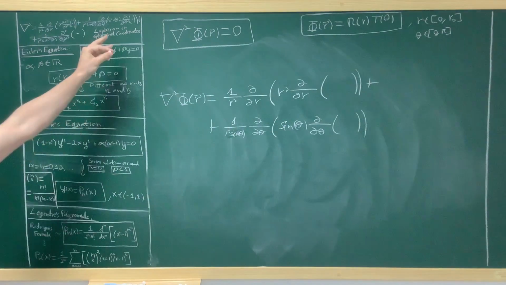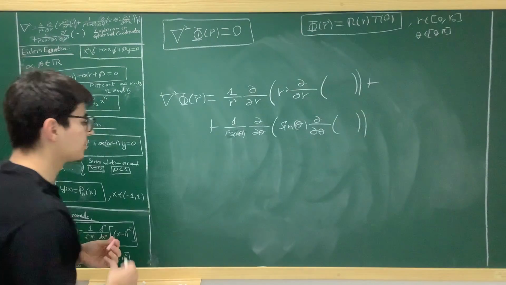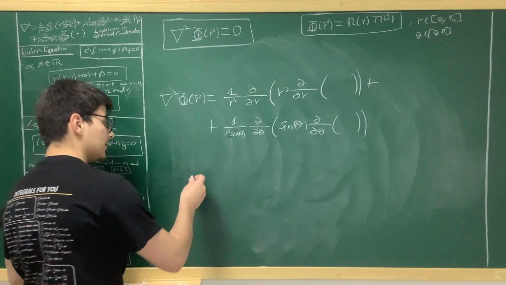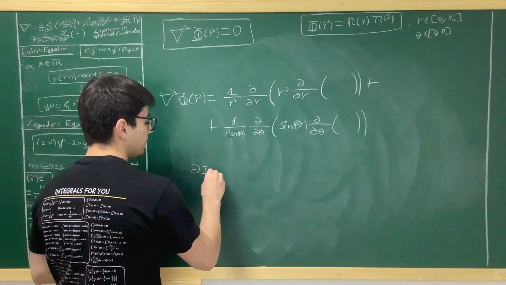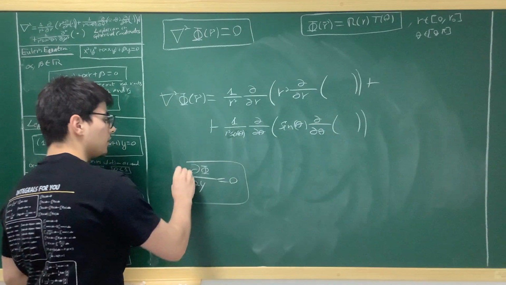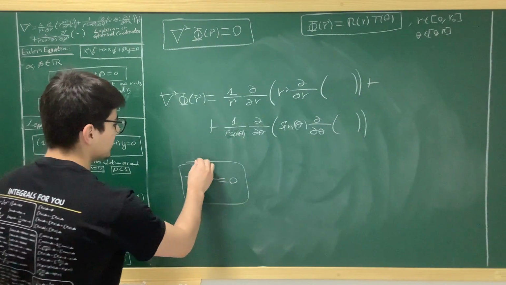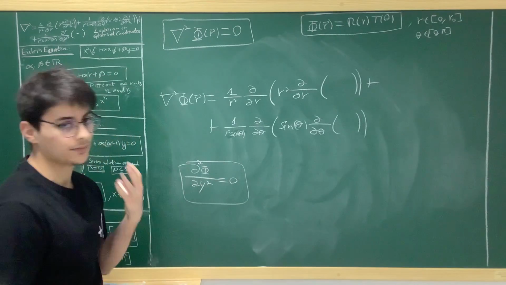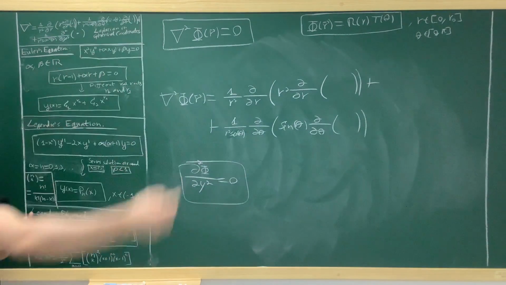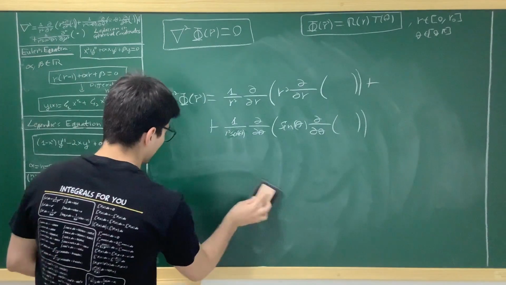And you could say, well, what about this term? We don't actually need that term because we said that phi does not depend on little phi. That is, the partial derivative of phi with respect to phi is 0 because it doesn't depend explicitly on it. So likewise, the second partial derivative is also 0, so this goes to 0 and we don't need it. So this is what we have.